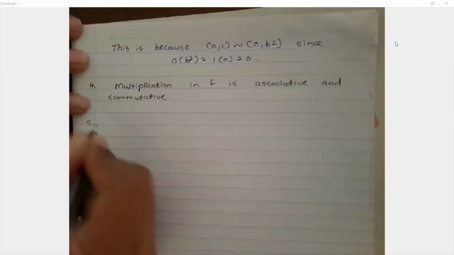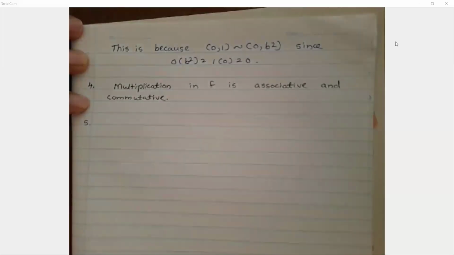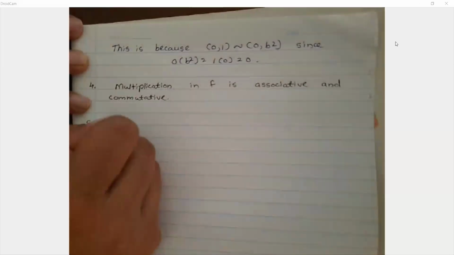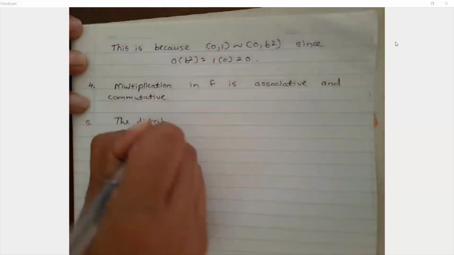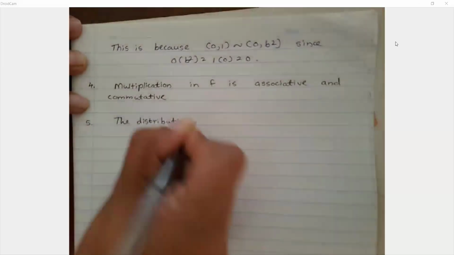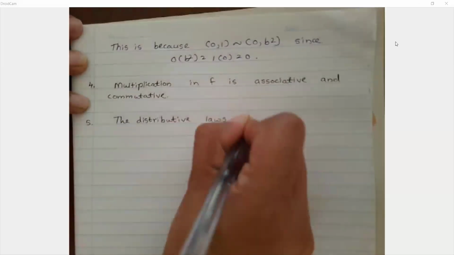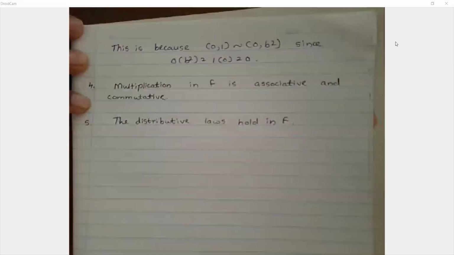Then the fifth one, the distributive laws hold in F, the usual distributive laws over a ring, right? The distributive laws hold in F.